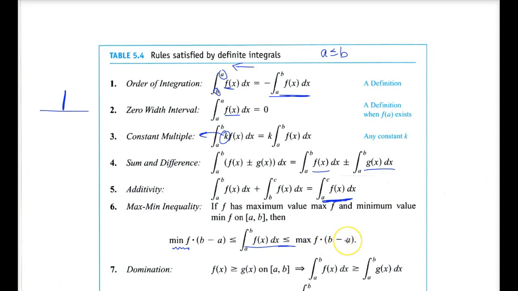What we mean by the maximum of the function is how high it actually goes between when x is equal to a and x is equal to b. And same thing for the minimum.